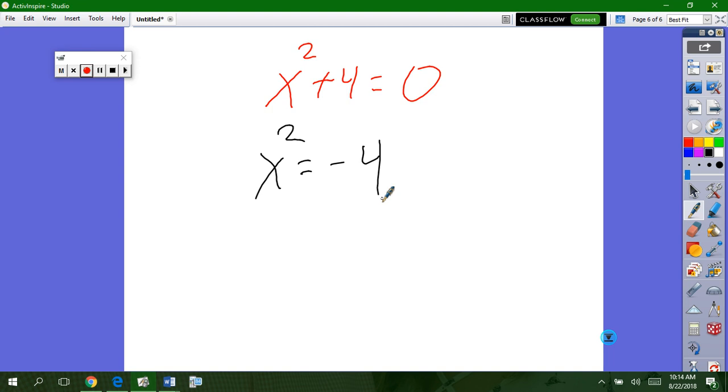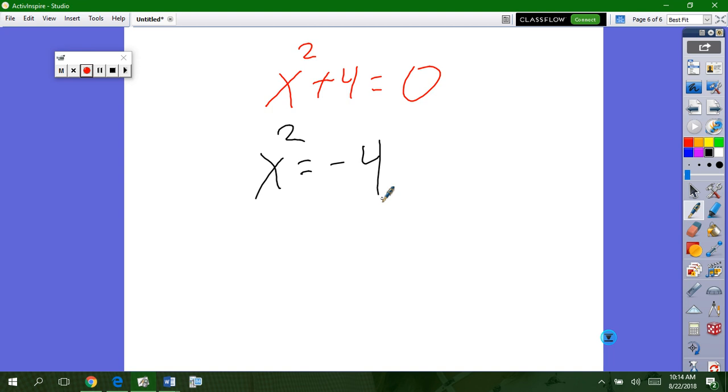Anyway, but why is this not a real solution? Can somebody give me an explanation? Let's pick on, you haven't talked to me a lot today. Okay, so that's the key question I'm trying to look for is can anything squared ever come out negative?